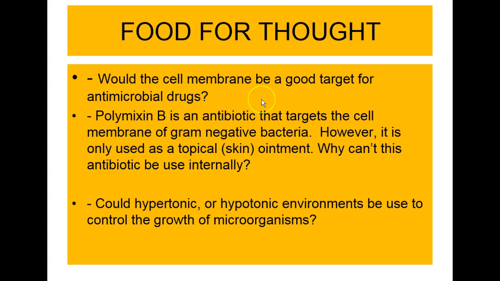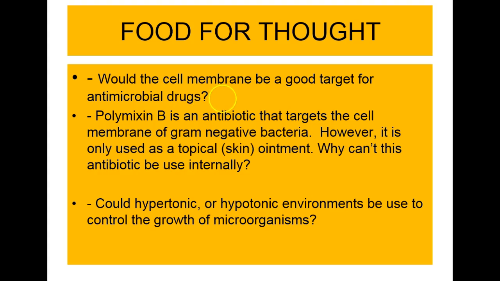You should now be able to answer the following questions. Would the cell membrane be a good target for antimicrobial drugs? Remember, a good target for an antimicrobial drug would have to be a unique and essential structure to the microorganism.